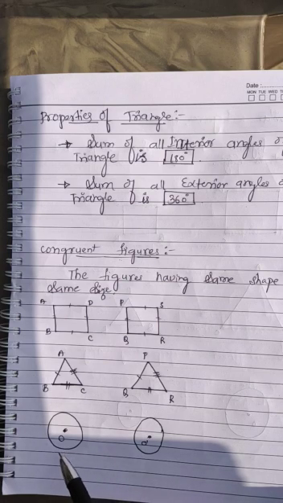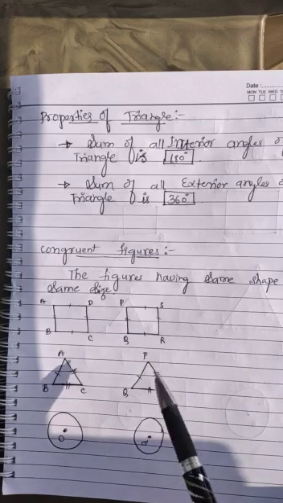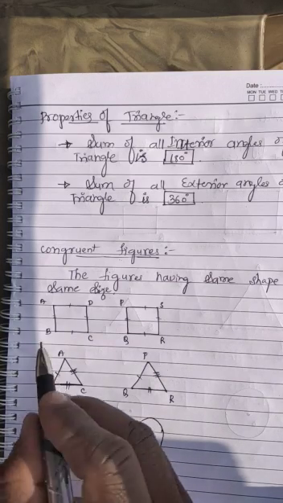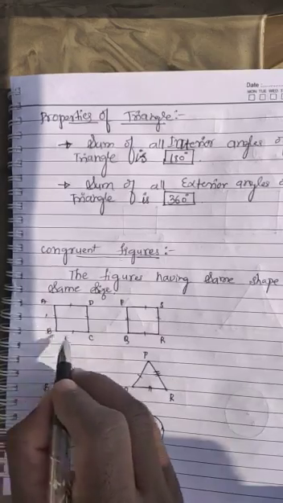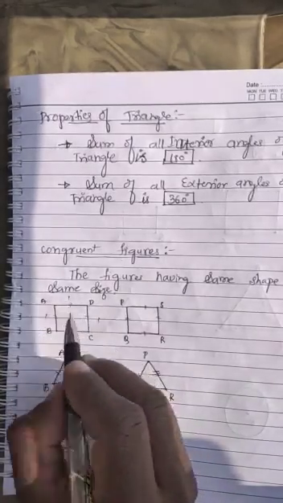Here O is the center of the first circle, and O dash is the center of the second circle. These two circles are congruent because the figures have the same shape and same size, right? Suppose I take AB as 1 centimeter, 1 centimeter, 1 centimeter, 1 centimeter.